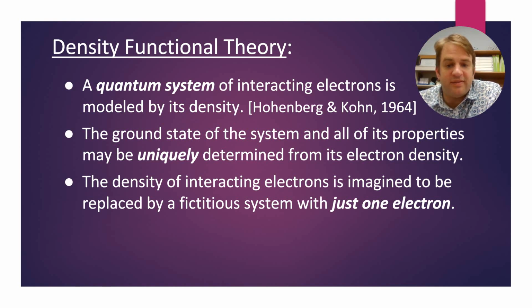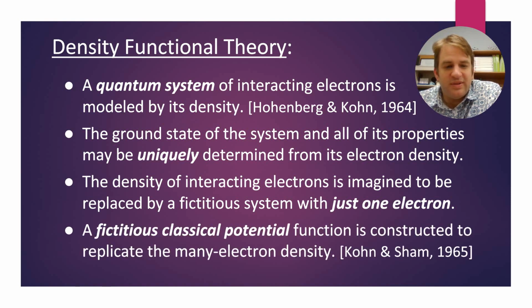And in principle, it would have the same properties. Now, this fictitious system is imagined based on an effective classical potential. And this classical potential, this force field, is constructed in such a way that when the simplified system reproduces the density of the actual interacting electron system, we can now use it to predict all the same effects. So this is an astonishing simplification of chemistry that was proposed by Kohn and Sham in 1965.